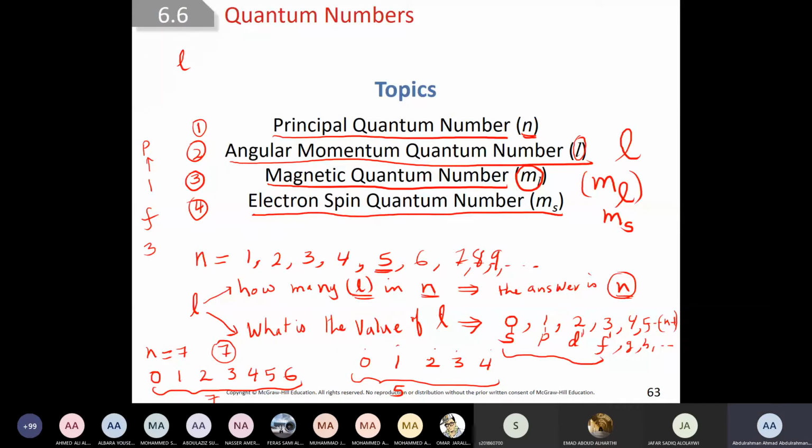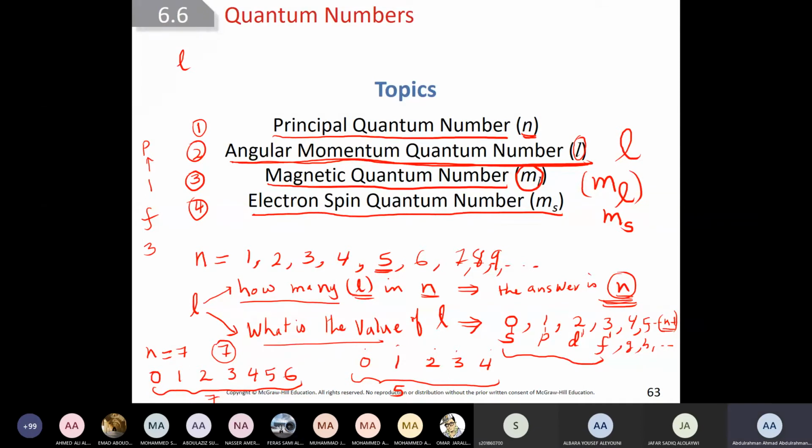What's L? Angular momentum quantum number. Okay, how many L do we have in any N? The same for one. Same, N. So as I said, how many? You should say just N. Okay, what are the values? From 0 to N minus 1.